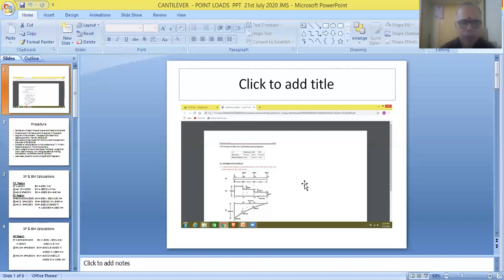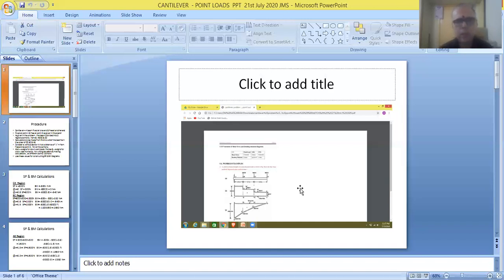The value of L is not directly given in the problem, but individual distances are shown in the figure. Add up all these values, and you will be in a position to find out the length of the beam.